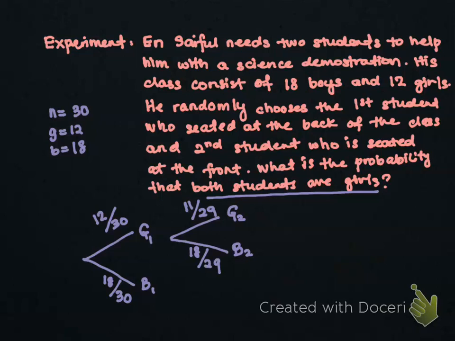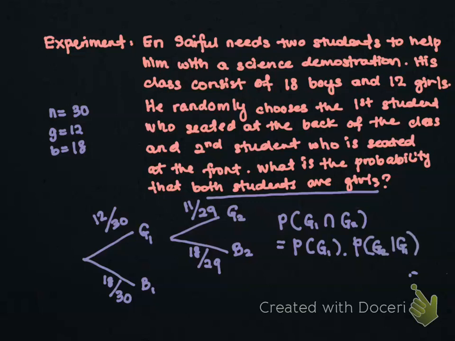So the probability that both students are girls: the probability that you want to find is both students are girls. The first event you choose is a girl, and the second event you choose is also a girl. Using the multiplication rule formula, it will be the probability of selecting a girl at the first event times the probability of selecting a girl at the second event, given that the first selected is also a girl.